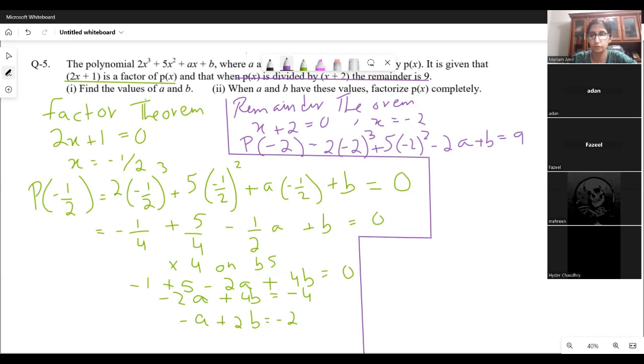So we have 2 times minus 8 plus 5 times 4, and 9 minus the answer is 5. So we have minus 2a plus b equals 5.